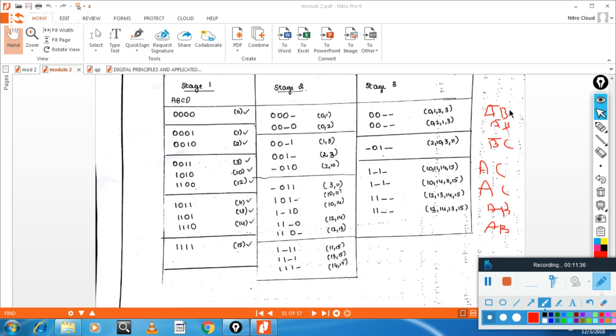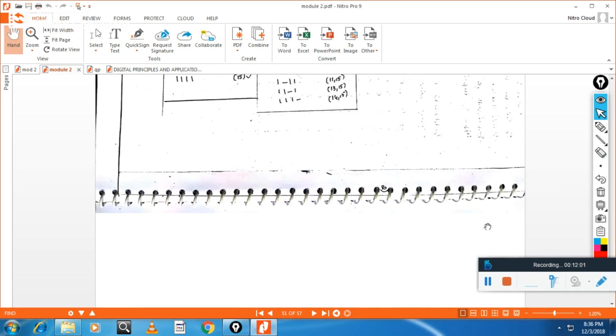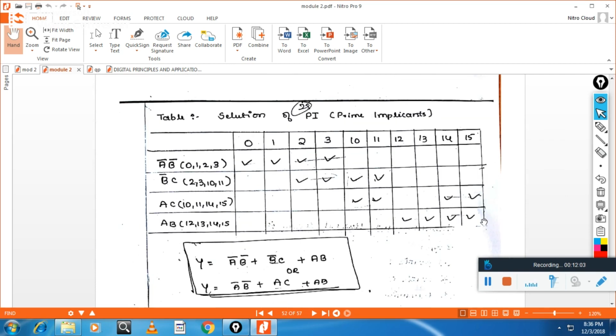Here you take only one term out of two, because it is the same term. You see here 0, 1, 2, 3, 0, 2, 1, 3. Order is different, but the terms are the same. So take common here. Here also take common. So how many commons will you get? 1, 2, 3, 4.